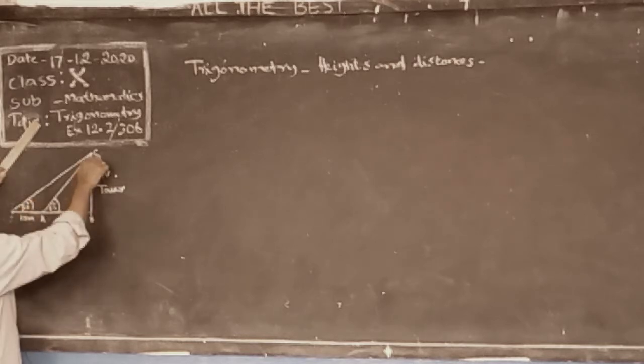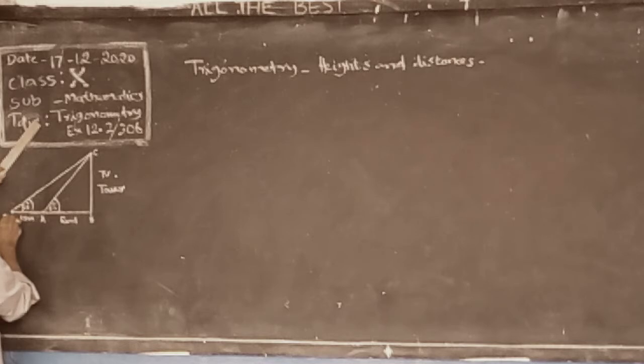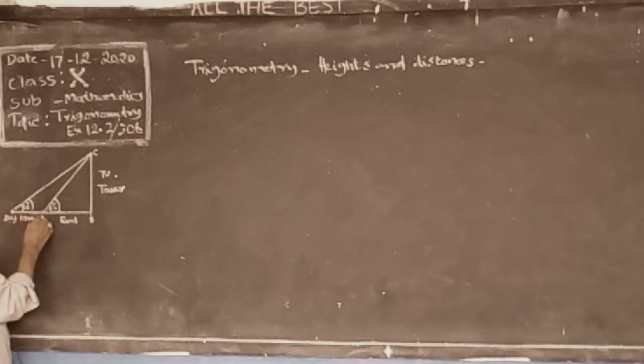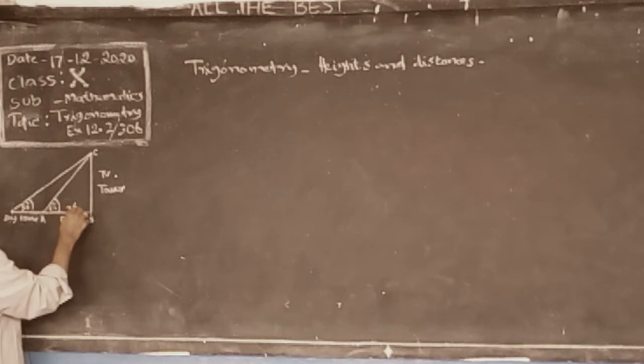Say A, B, C, and now he is at D. AD is 10 meters, and let AB be x meters.